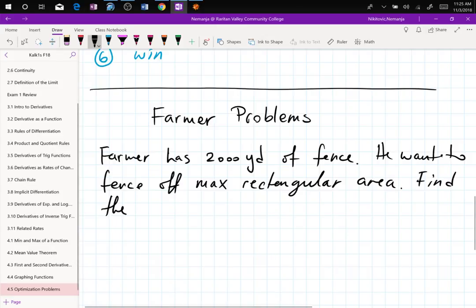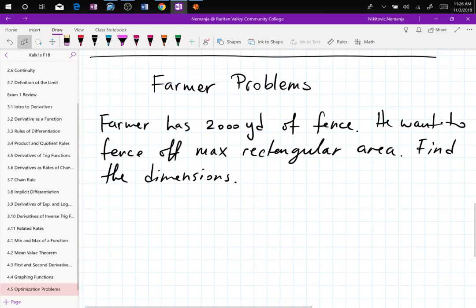Find the dimensions. Very simple. So, how do you do this?